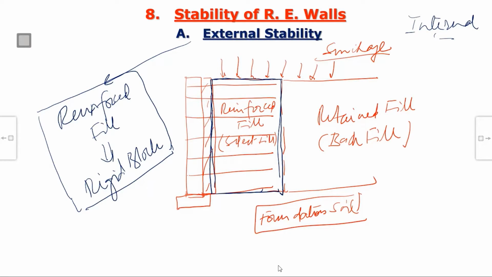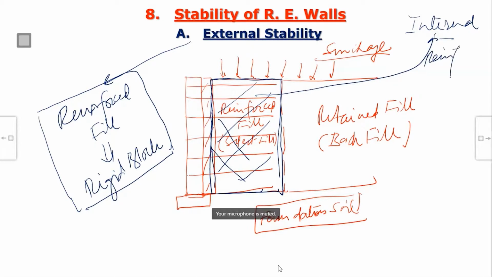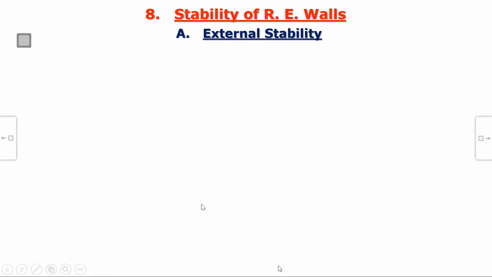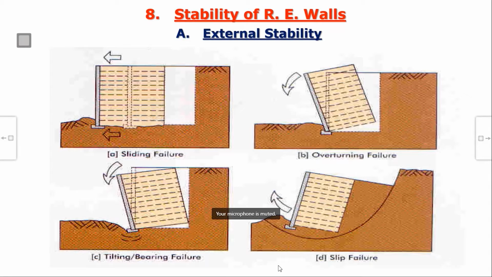In internal stability, you check the stability of only this reinforced element and its component reinforcement. So basically there are two types of stability: external stability check and internal stability check. First we will see what those checks are, and then after the break we will see how they are done.